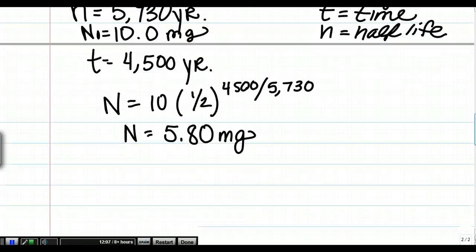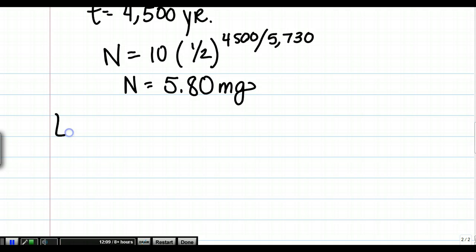Let's do one more. This one is going to be on decay. Or not decay, we just did decay, doubling, excuse me. Look at example number 2 on page 484.